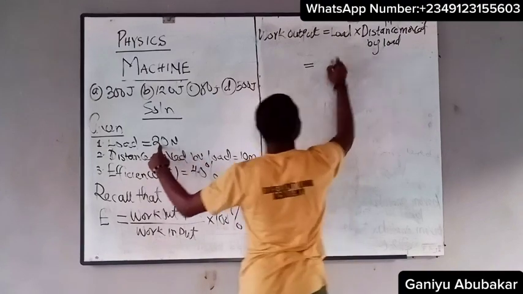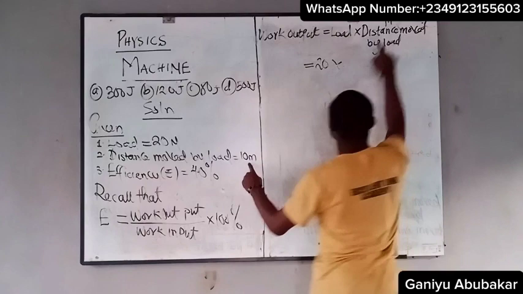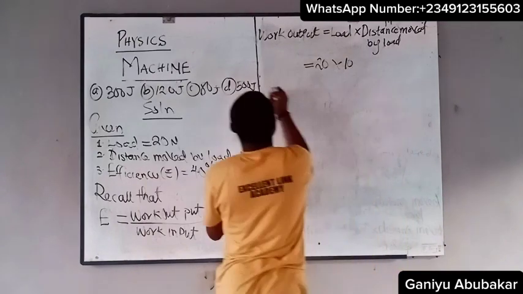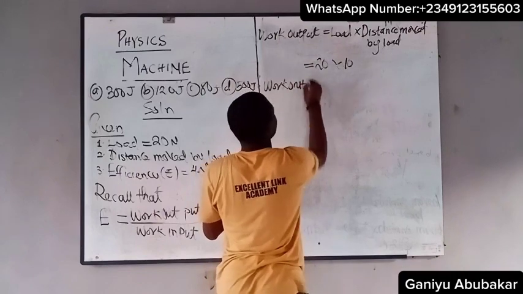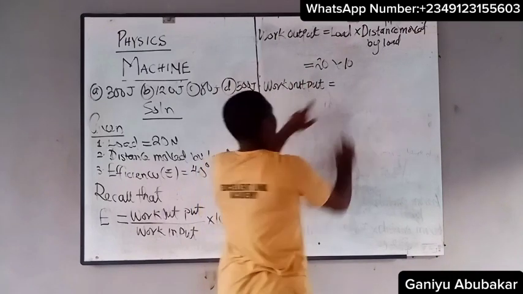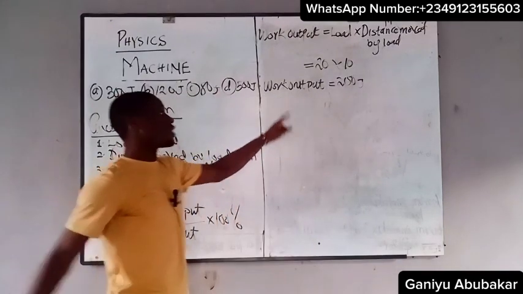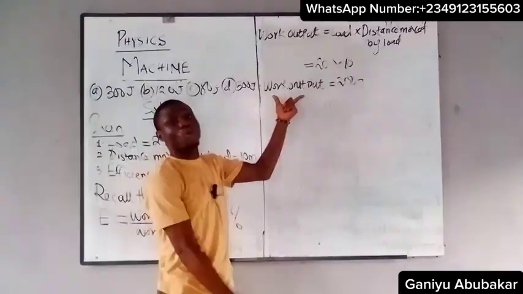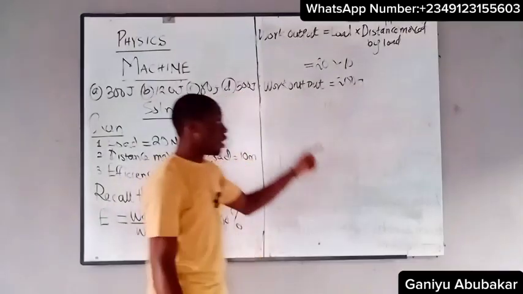Load is of course 20, multiplied by distance moved by load, which is 10. Multiply the 2. My work output is equal to 200 joules, please. Note that work output, or anything work, is in joule. So I have 200 joule.